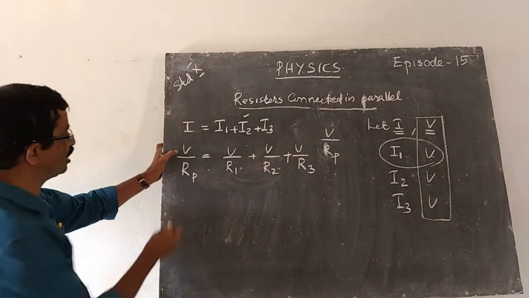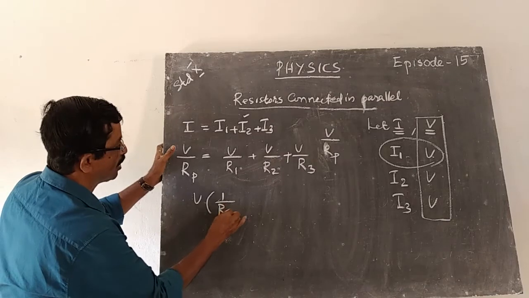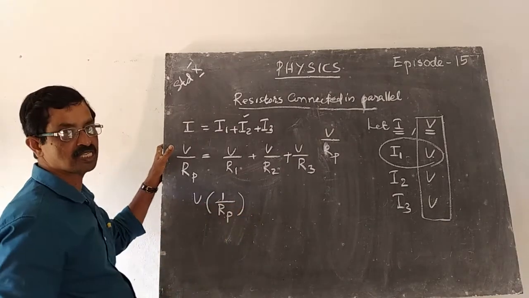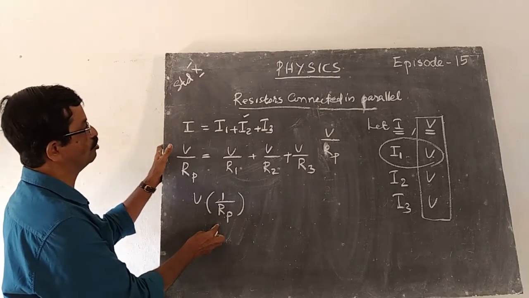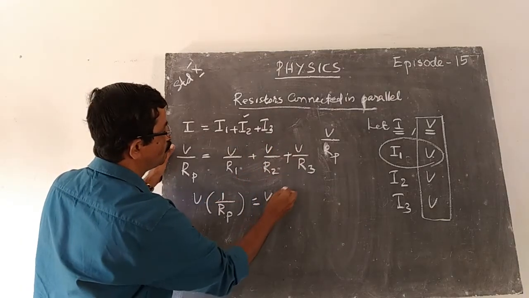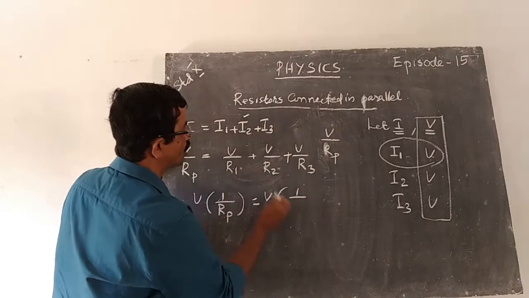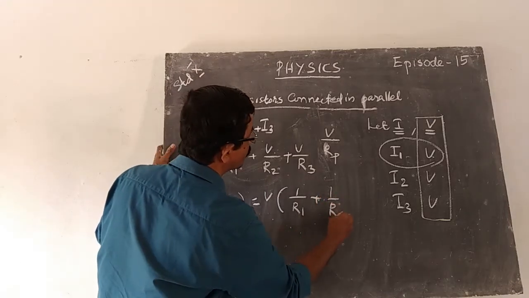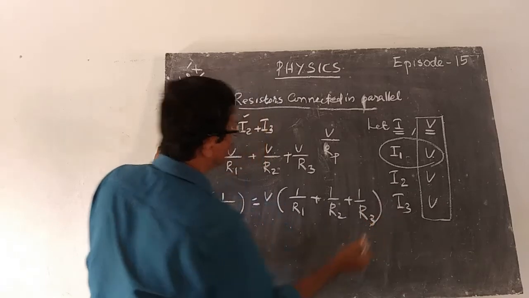See, here is V; we can take it out as common. So we get V by Rp equal to V times 1 by R1 plus 1 by R2 plus 1 by R3.